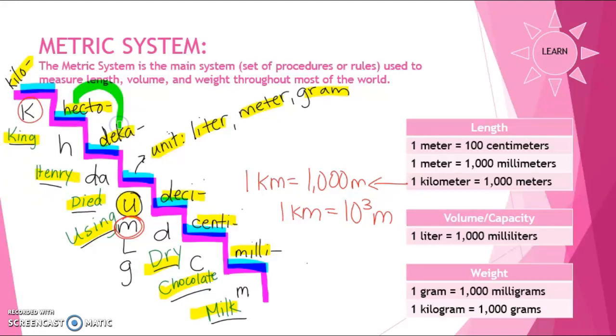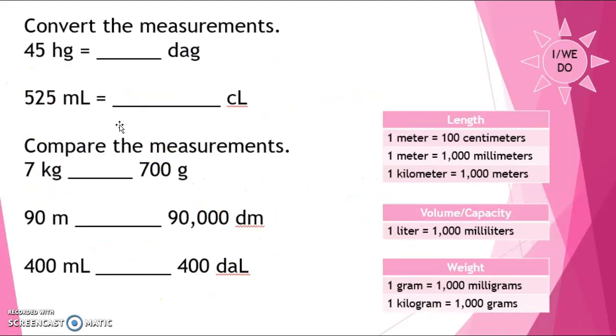Well, we go down 1 step, so that's 10 to the first power. 45 times 10 is 450. So 45 hectograms is 450 decagrams, and we multiplied because we were going from a larger unit to a smaller unit.